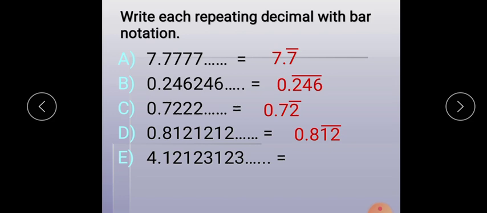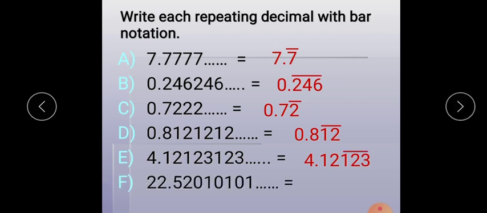Here 1 2 3 is repeating, so 4.12 will be as it is and bar over 1 2 3. One more, 22.52010101. 22.52 will be as it is and 01 is repeating, so we put the bar over 01.